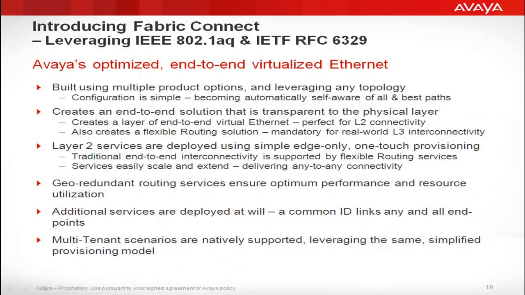In addition, Avaya's DTOR environment incorporates the use of an enhanced implementation of IEEE 802.1aq shortest path bridging, we call Fabric Connect. By merging DTOR and Fabric Connect in a single platform environment, an end-to-end solution is created that is transparent to the physical layer. As a result, a flexible approach to designing L3 services can be obtained.